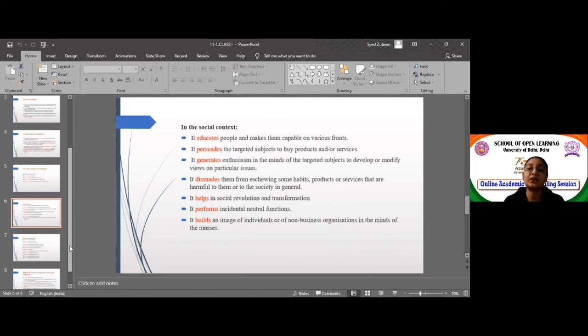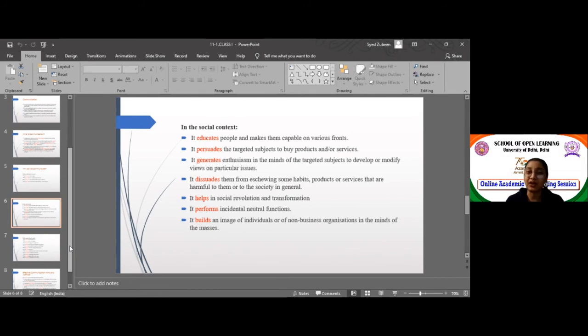In the social context, it helps in educating people, persuading people, generating enthusiasm amongst people, and dissuading people from doing something wrong. It helps in changing the society, creating a sense of revolution within it, as a call for transformation rather.